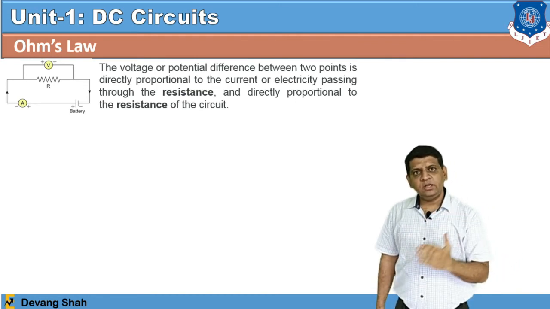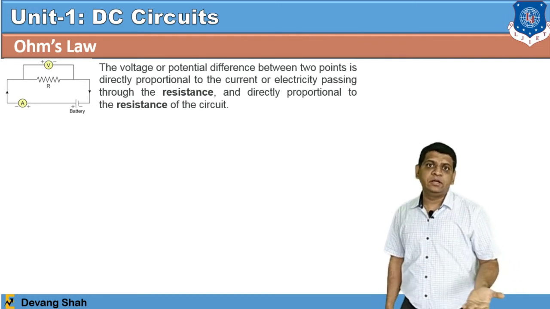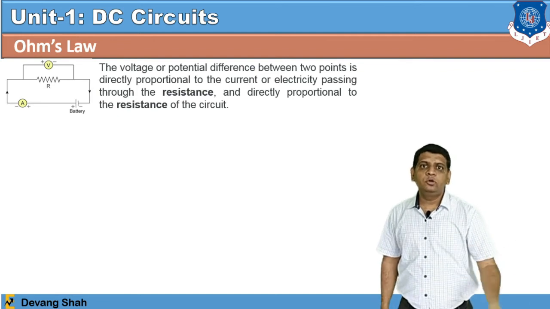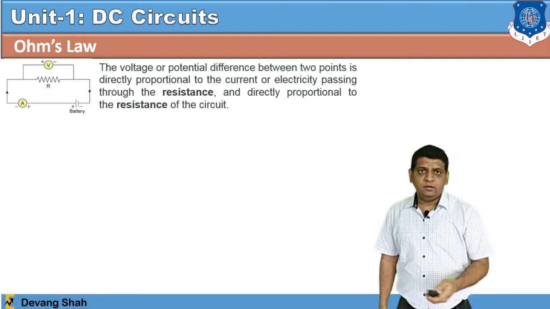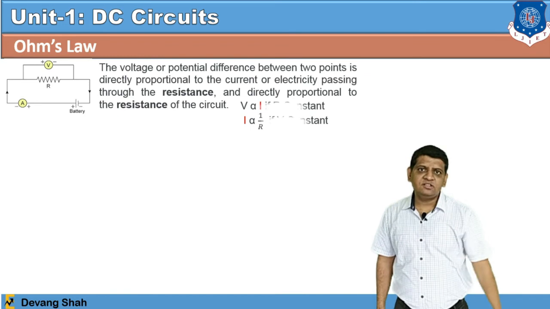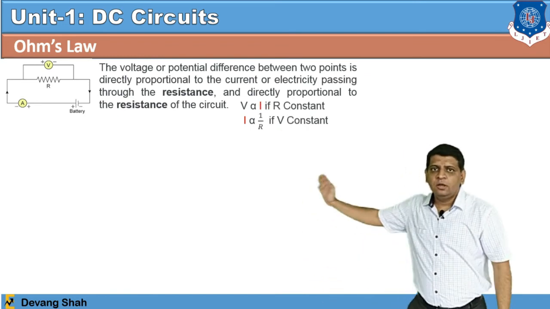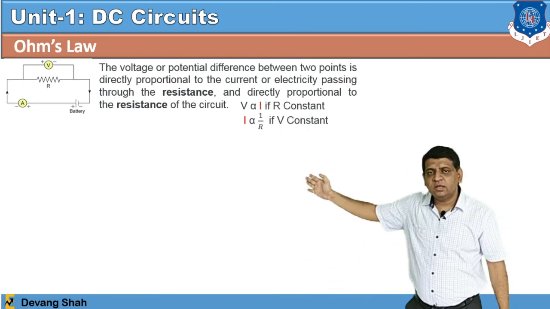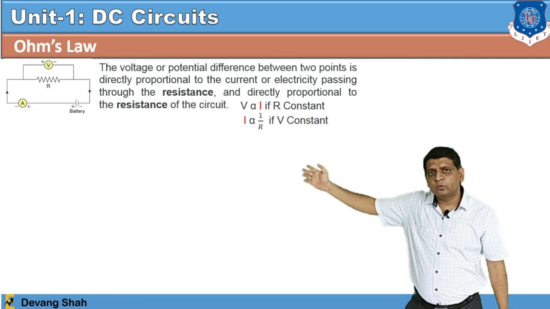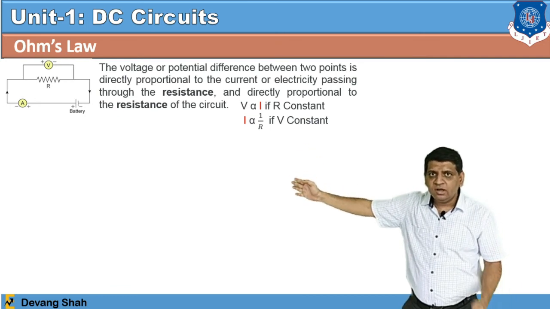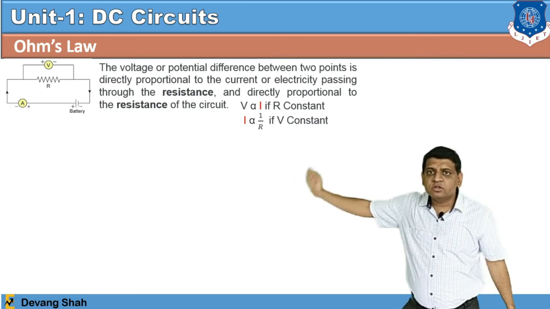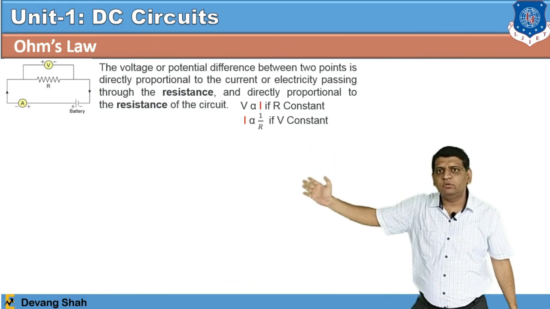So voltage and current have a linear relation: voltage is proportional to current if the resistance is constant, and current is inversely proportional to resistance if the voltage is constant.